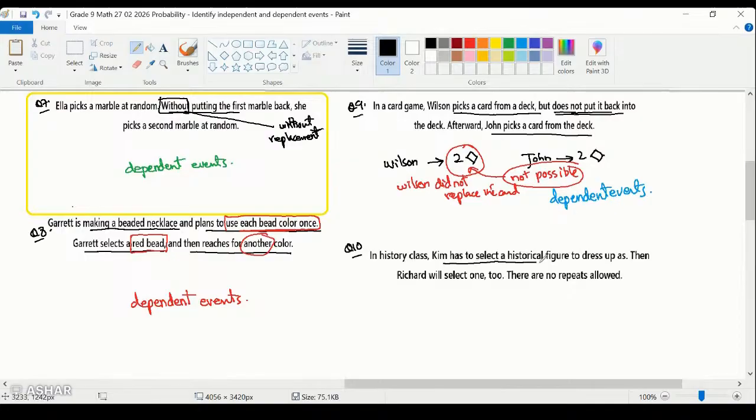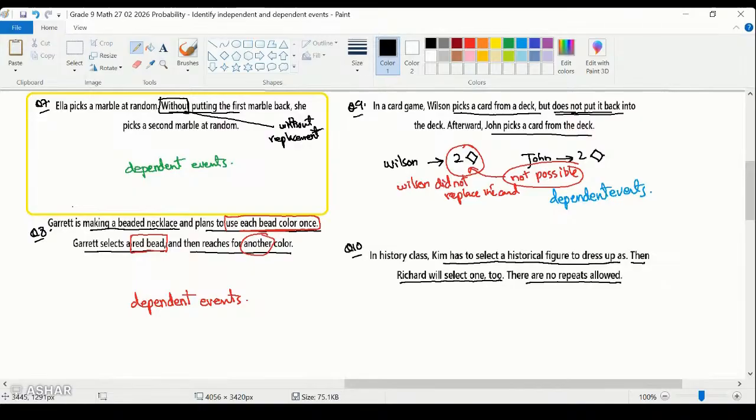Richard will select one as well, but there are no repeats allowed. So if Kim becomes person A, then Richard cannot be person A, right? Still impossible, because we cannot have duplicates.